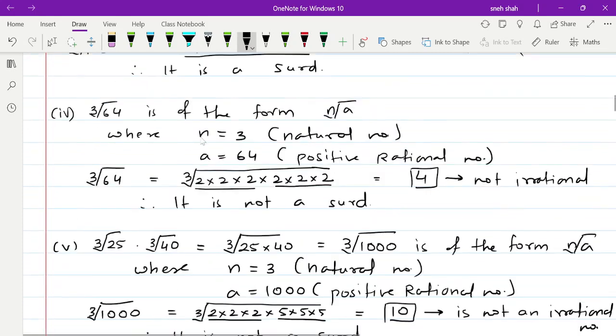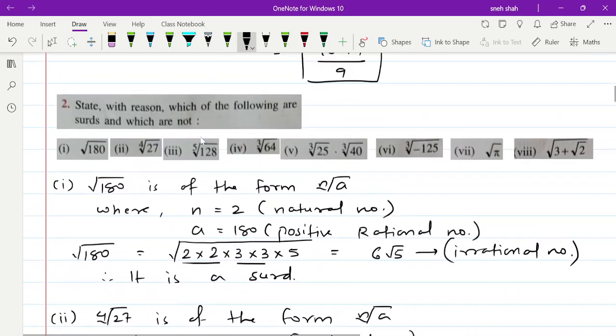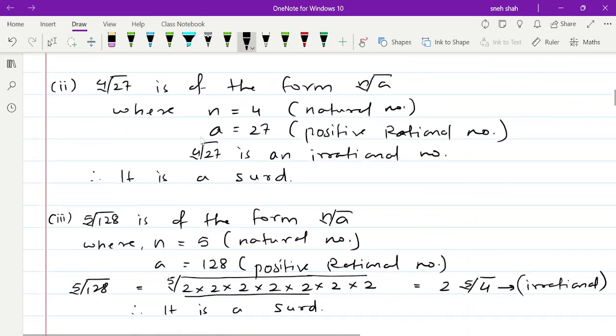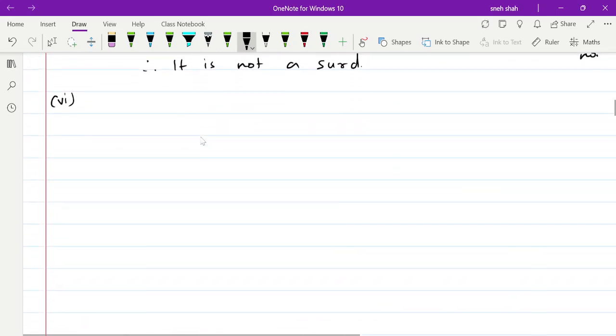For the sixth sub-question, the number given is cube root of negative 125.